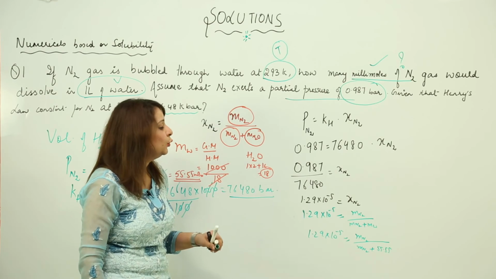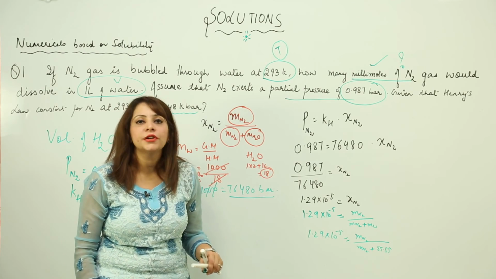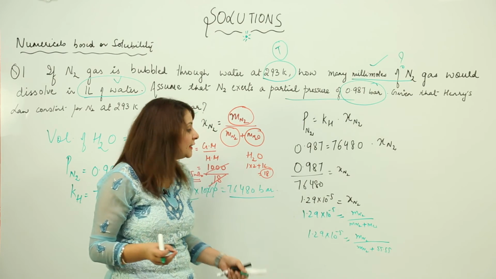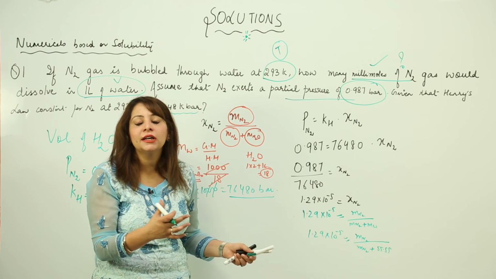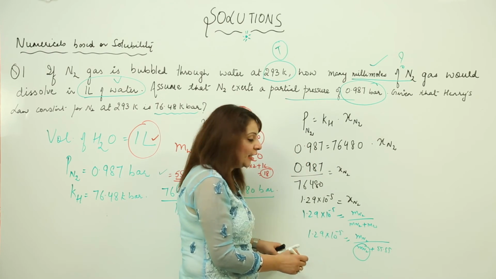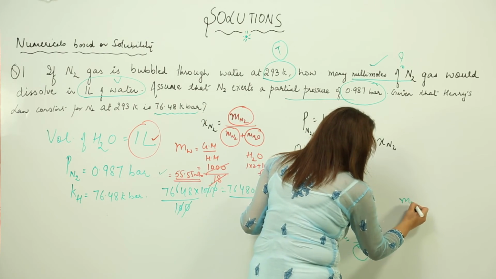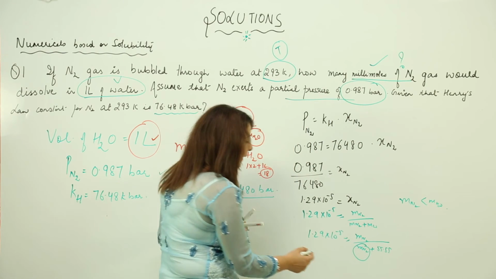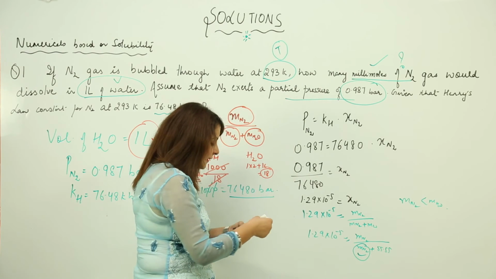As you know, the nitrogen solubility in water at this given temperature is very low. That is why they are asking for millimoles. So moles of N2 is very, very small compared to the moles of water, and I can neglect this factor. So I'll just neglect it.